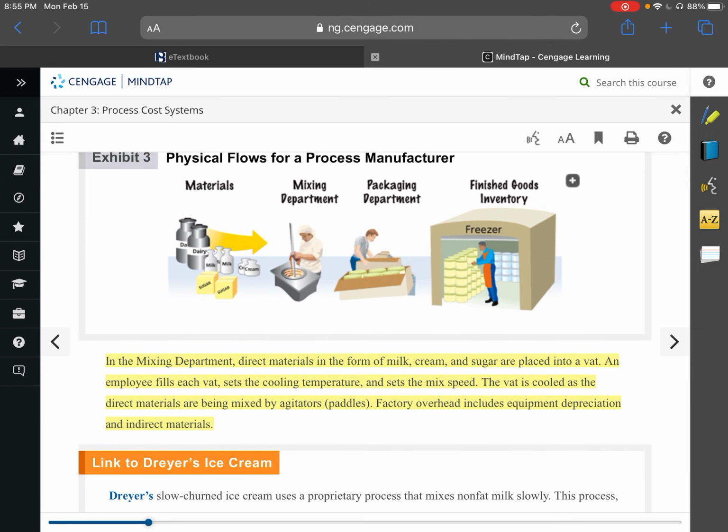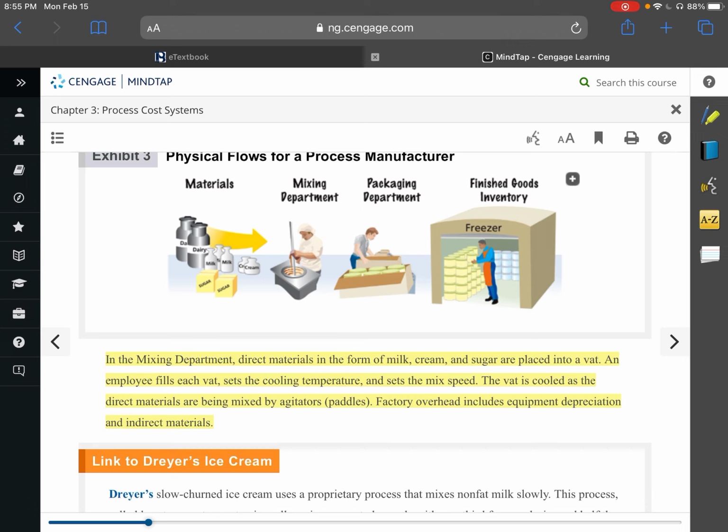All right, so in the mixing department, direct materials, which we've already said are milk, cream, and sugar, are placed into a vat. The employee fills the vat. The employee sets the temperature on the machine. The employee sets the speed that the vat is going to mix. And then once the vat is finished mixing, it's cooled as the direct materials are mixed by agitators, like in a washing machine or a paddle.